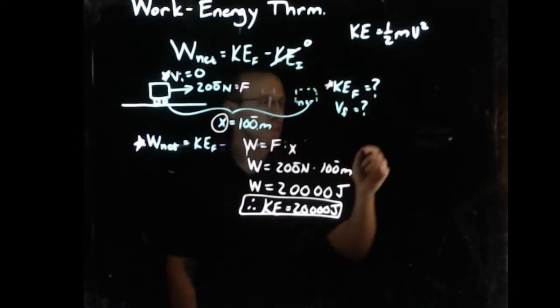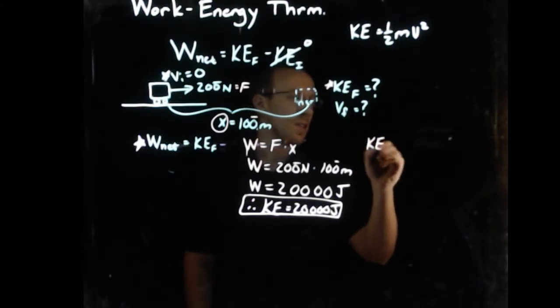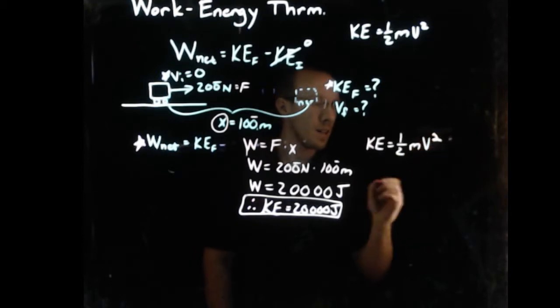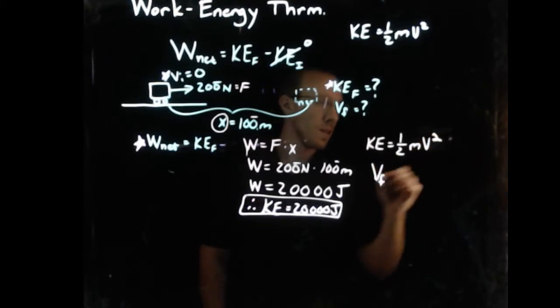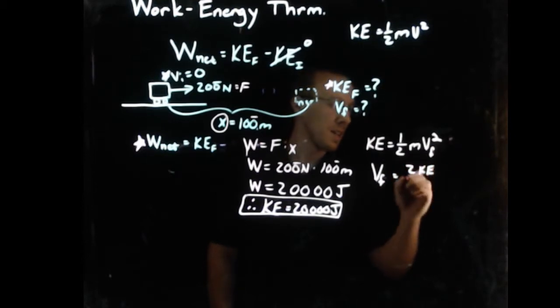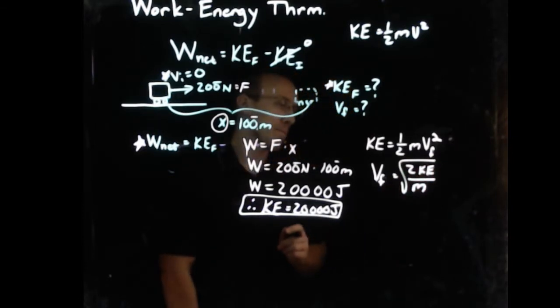And then lastly, we want to find the final velocity. So kinetic energy is equal to 1/2 mv squared. I'm going to solve for my final velocity, and you can check and run through the algebra.